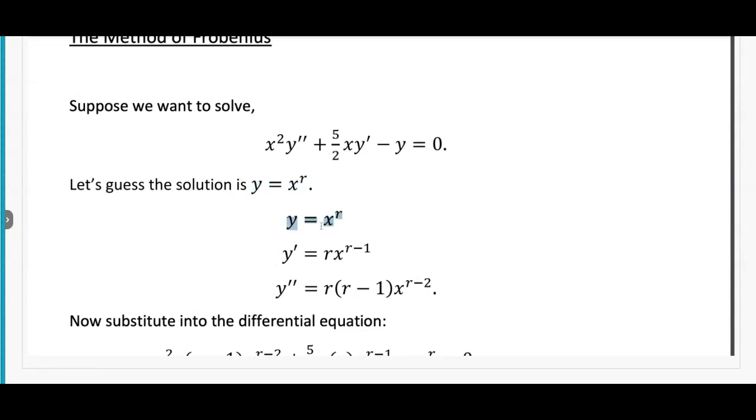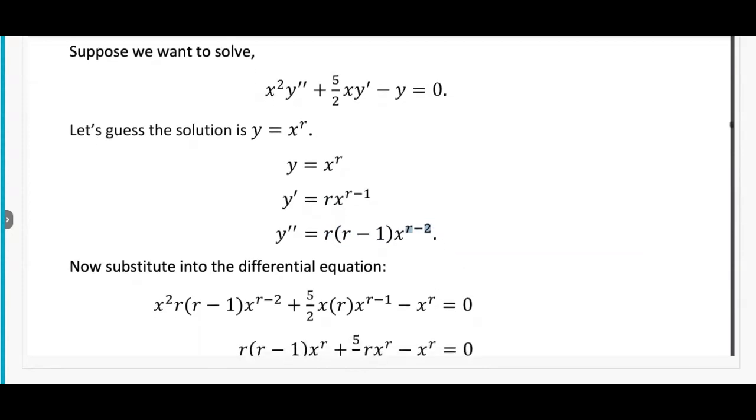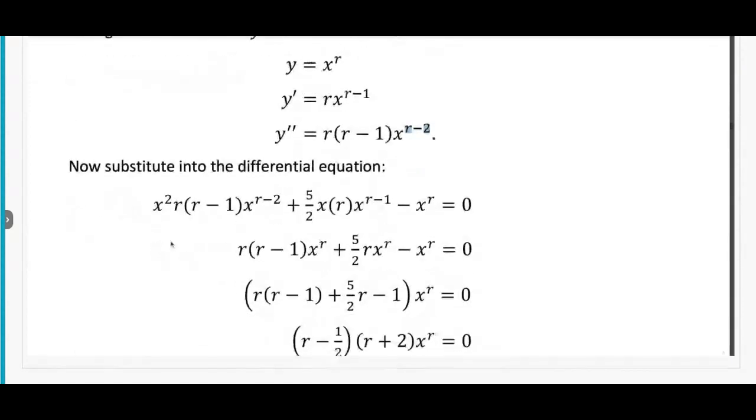So y equals x raised to the r, y prime equals r times x raised to r minus 1, and y double prime equals r times r minus 1 times x raised to r minus 2. Now we substitute back into our differential equation. So we get this.